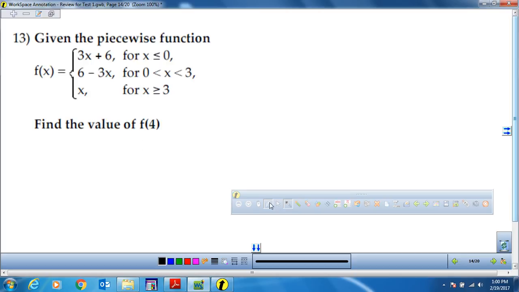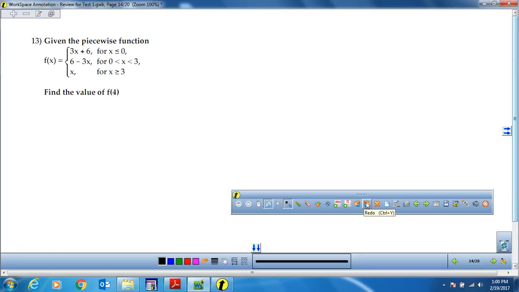So right here, what they want us to do is all we have to do is find the function value f of 4, which means find the value of y when x is equal to 4. Remember, just like we did on the previous question, only one of those pieces of the function is going to contain any given value.